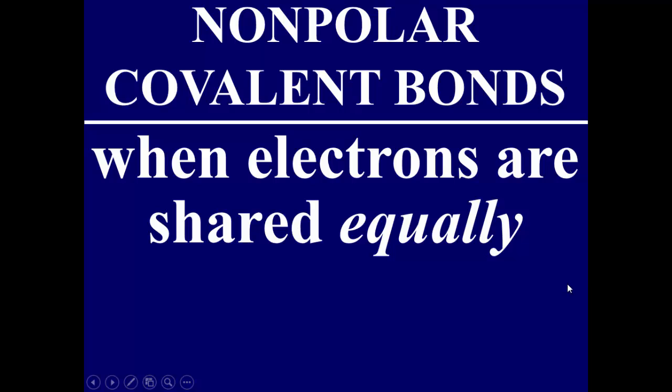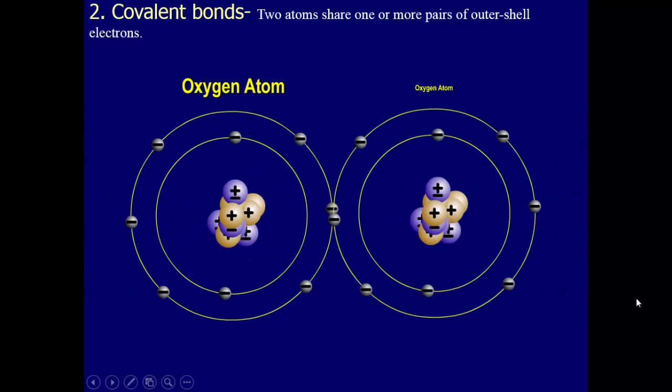We have two kinds of covalent bonds. Now they're sharing either way, but in a nonpolar covalent bond, the electrons are shared equally. Okay? Like these two oxygen atoms, the electron pair is shared equally. Now notice, when they share it, it gives them both those nice full outer layers there. It makes them very happy.